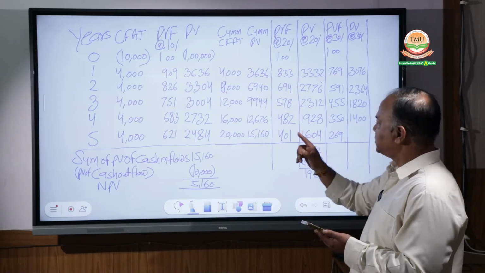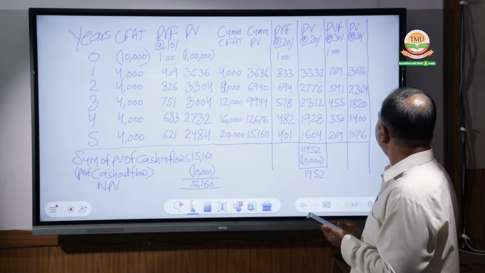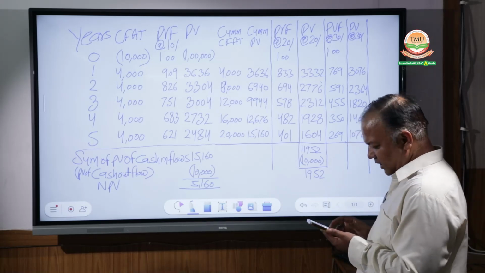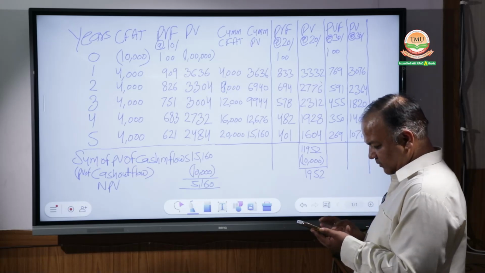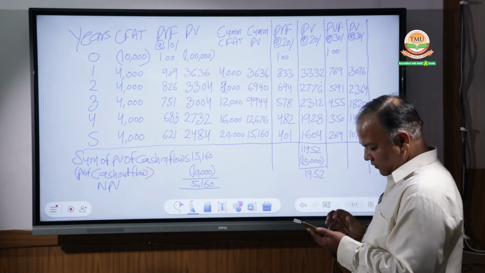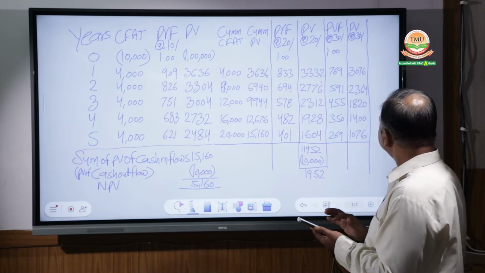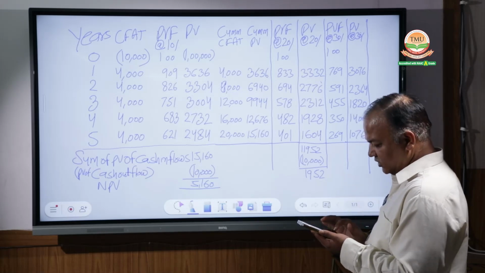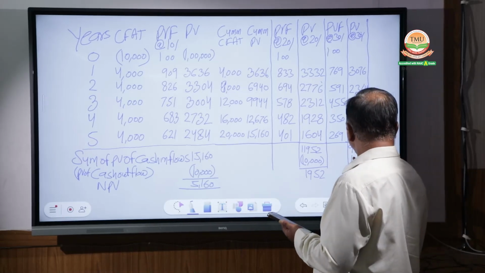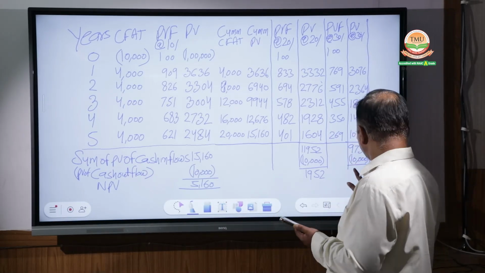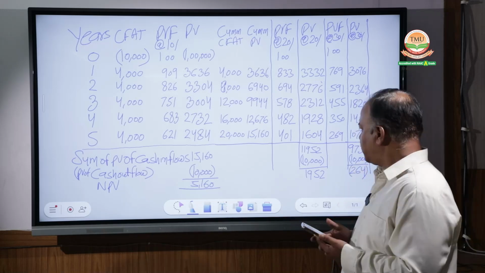Now 0.269 into 4000, it will be 1076. Now again we have to add 1076 plus 1400 plus 1820 plus 2364 plus 3076 is equal to 9736. 9736 minus 10,000 is equal to 264 in minus. Now problem is solved.